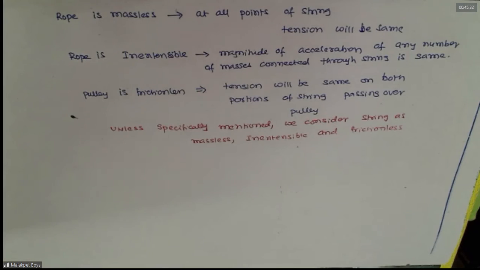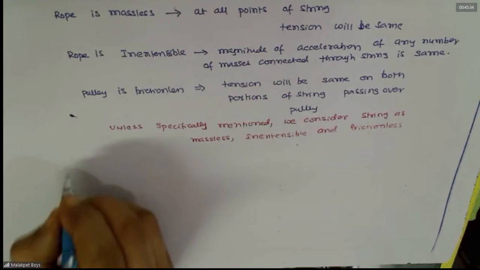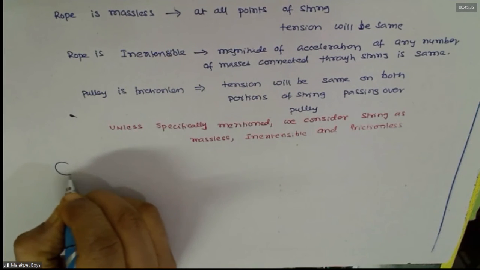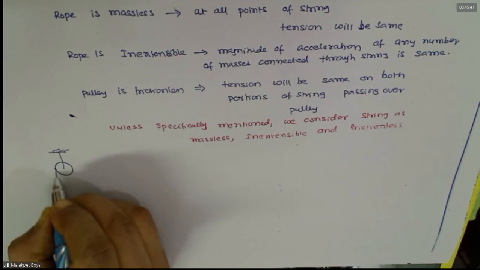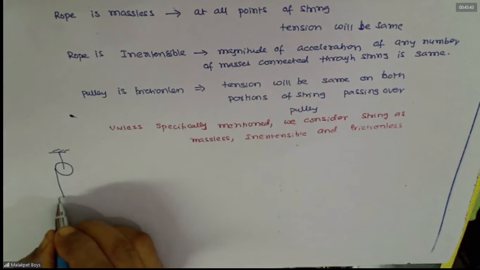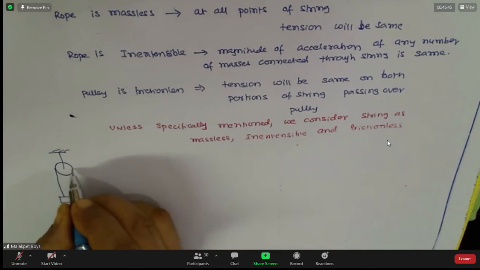Suppose we have a situation, a pulley on which we have two masses hanging like this.